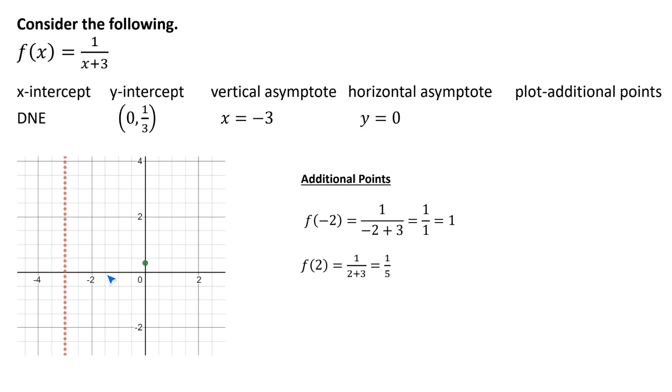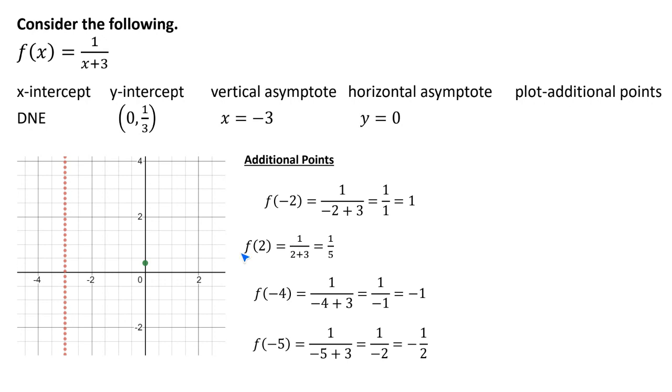And for additional points, I recommend that you graph some on the right side of the asymptote and some on the left side. So I'm going to pick -2, and if I plug in -2 for my x's, I end up with a 1, and if I plug in a 2, I end up with 1/5.